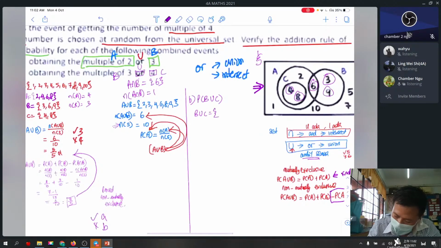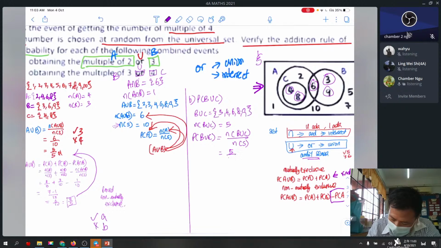So we take everything: 3, 4, 6, 8, and 9. 1, 2, 3, 4, 5. So we have 5 elements. The number of B union C is 5. So the probability of B union C is the number of B union C divided by the total sum, which is 5 over 10. So we get 1 over 2.